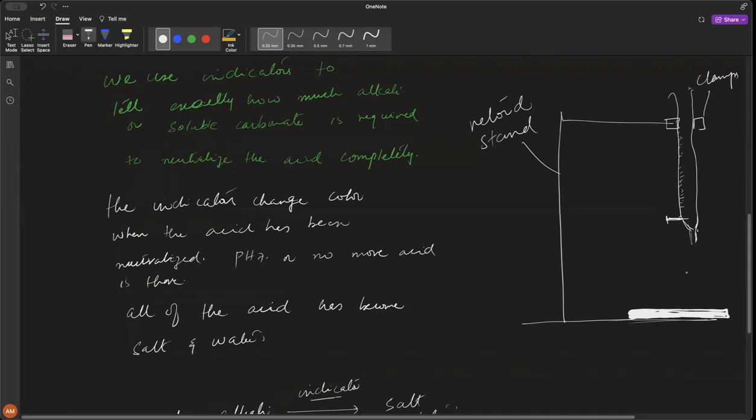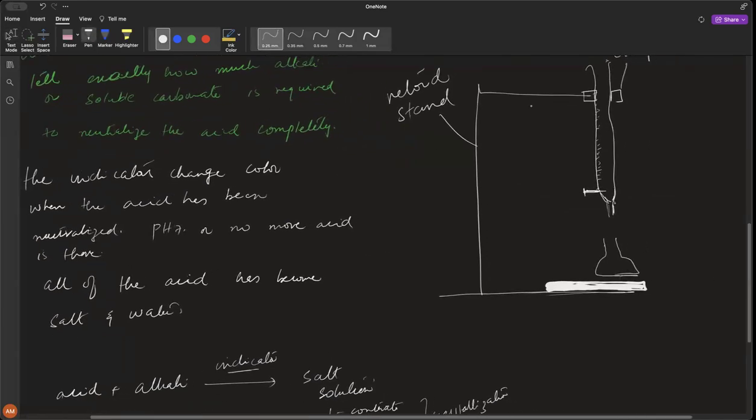And then we have a conical flask, flat bottom, that is placed here. In the burette we have acid. And in the conical flask, we add the alkali or the carbonate solution, whatever you're using, with an indicator. So you gradually open it.